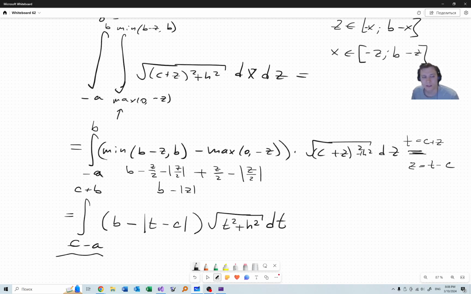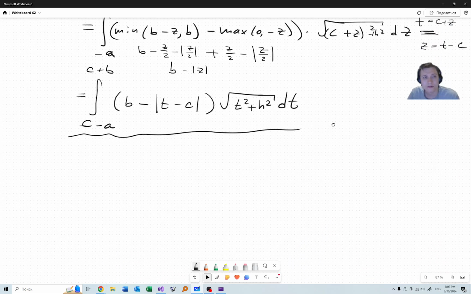Okay. How do we calculate it? We replace it with two integrals. Yeah, we say that it is the integral from c minus a to c of these.